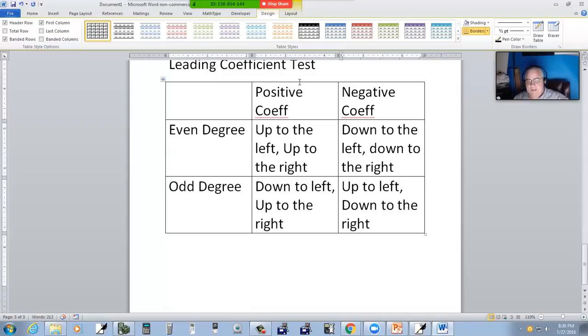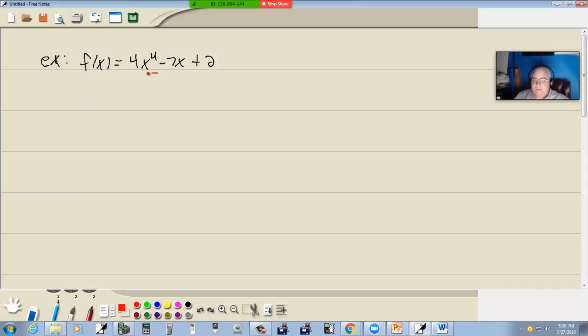The leading coefficient test is based around the first term, the leading term. If I look at this, I see the coefficient is 4 and it's positive. So we've got a positive coefficient, and our degree is always going to be the power on our leading term, the largest power of x.